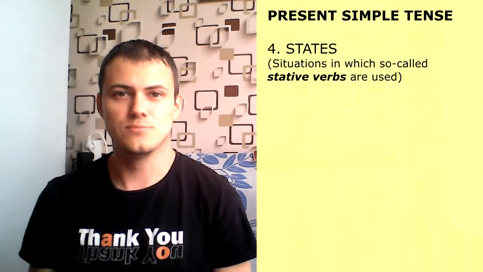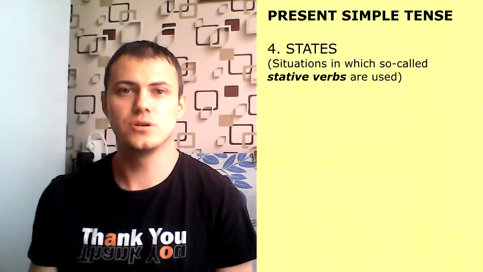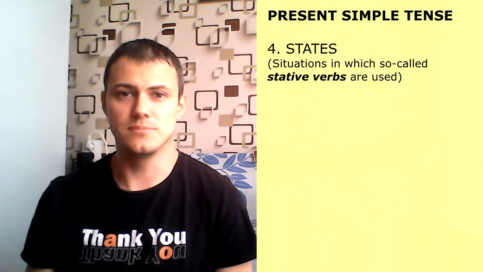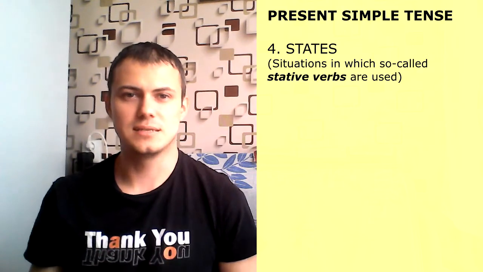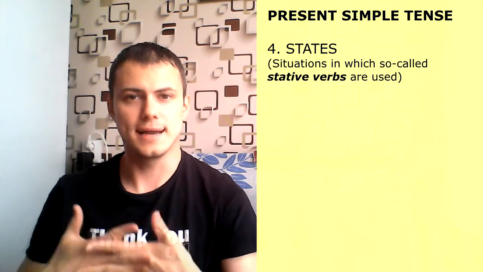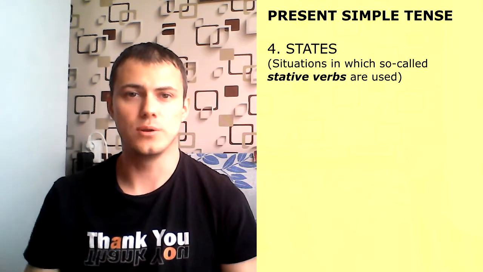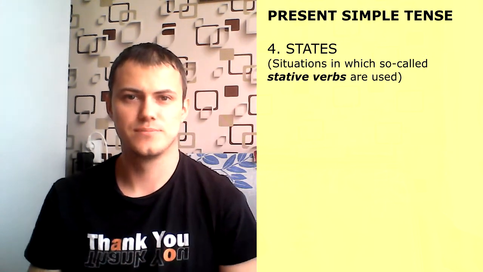Well, let's move on to the fourth type of situations in which we should use the present simple tense. We should use the present simple tense when we talk about states or conditions and when we use so-called stative verbs.